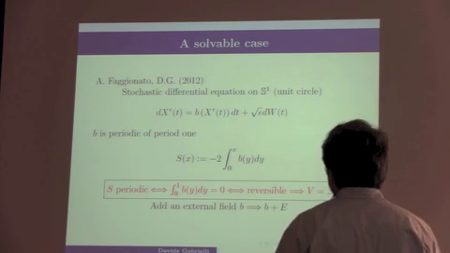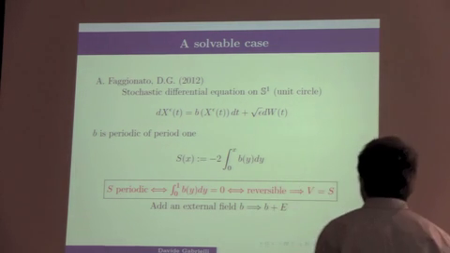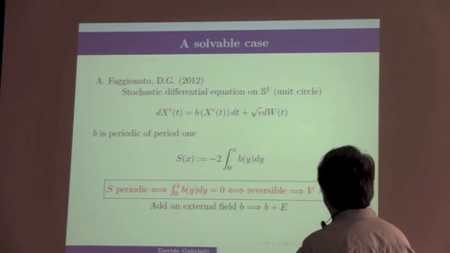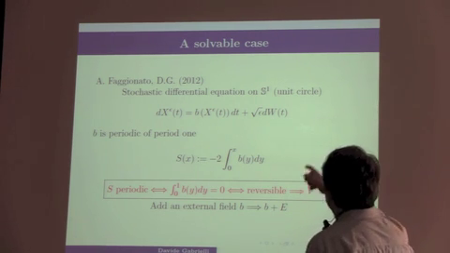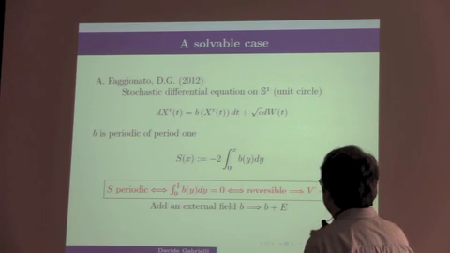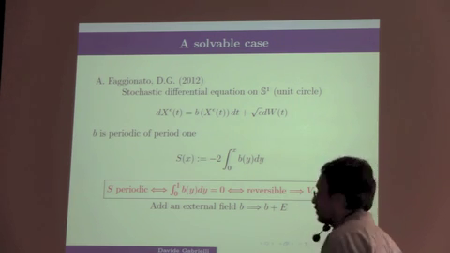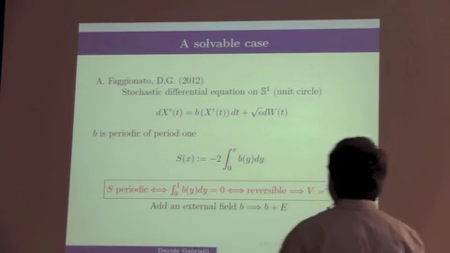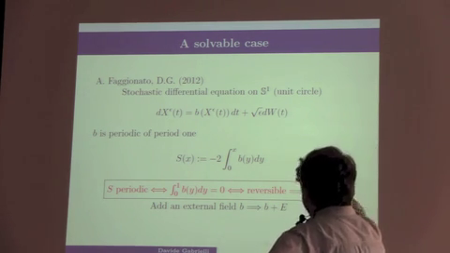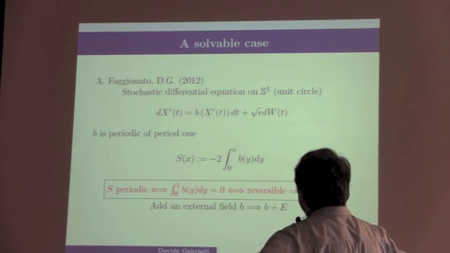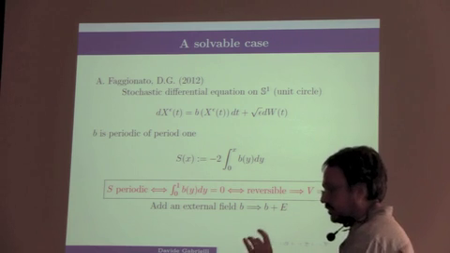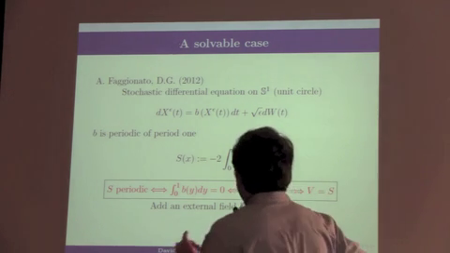It's a very simple problem where you have a stochastic differential equation on the unit circle. So essentially, you have to think of this B as a periodic function of period 1. And then you have to compute this S, that is, up to a factor 2, the primitive of the vector field B. Then you are on the unit circle, and then what happens?